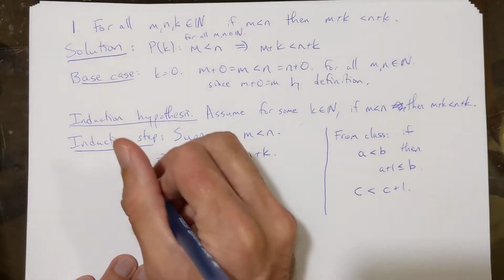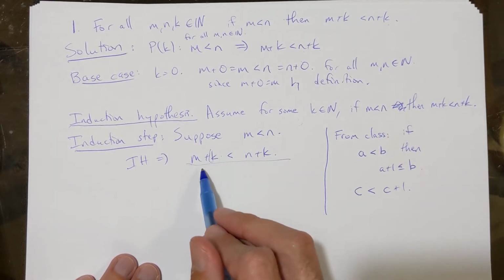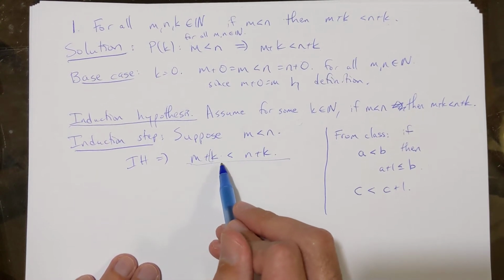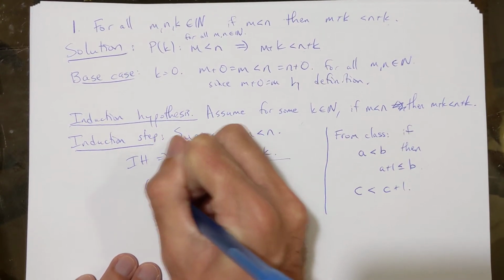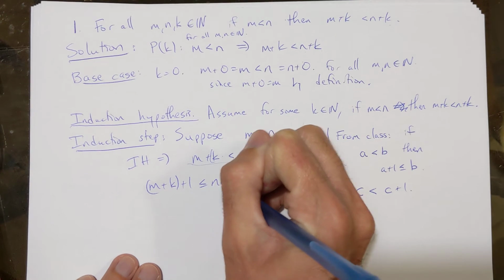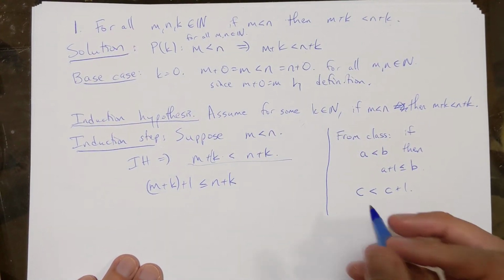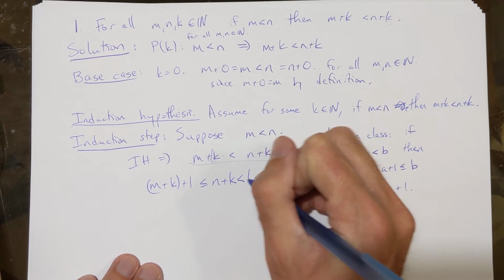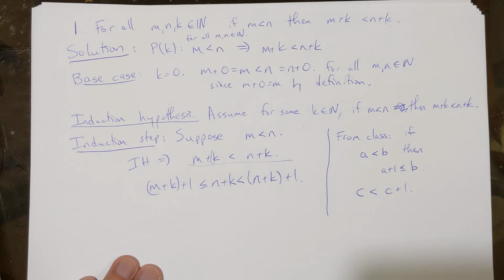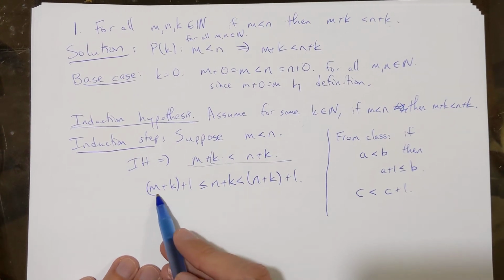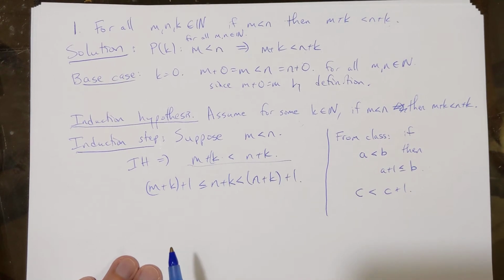So starting from here, we know that m plus k plus 1 is less than or equal to n plus k, and n plus k is strictly less than n plus k plus 1. Therefore, m plus k plus 1 is strictly less than n plus k plus 1.